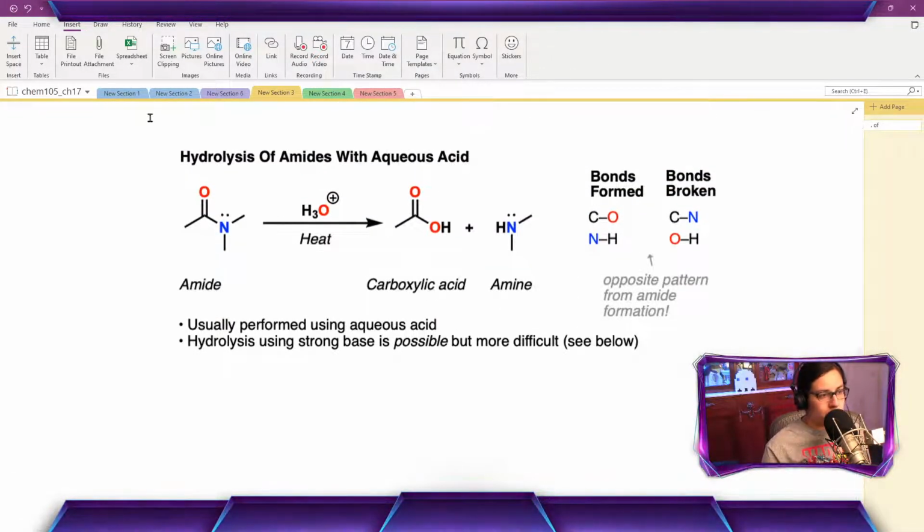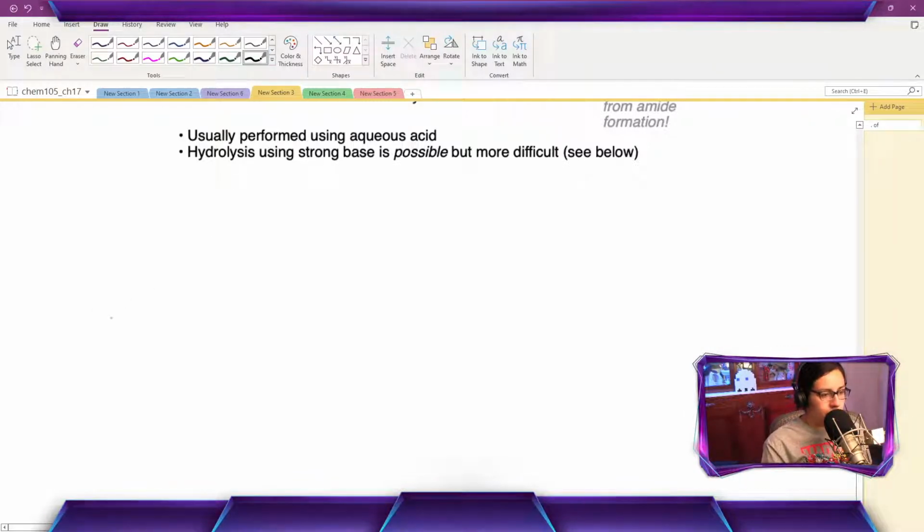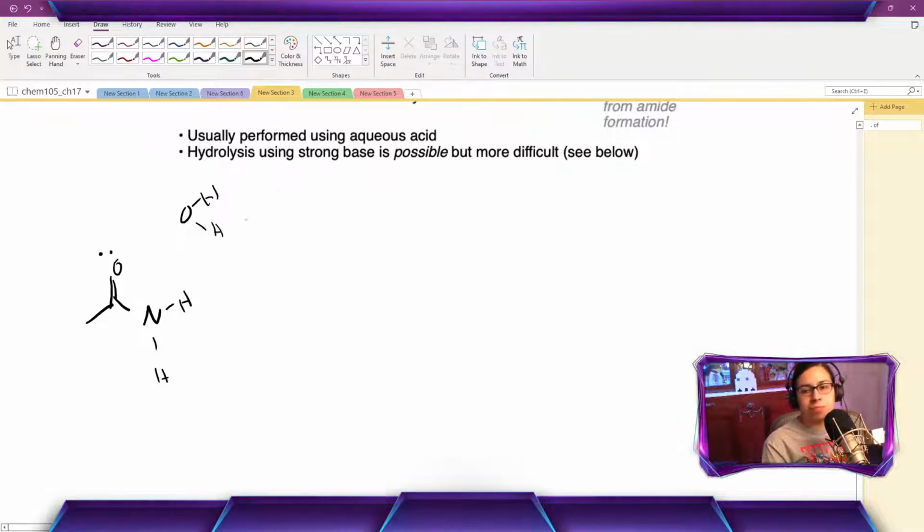And so I'll just start with our amide. Again, just a simple amide. And we're in acid. I just want to emphasize this, that H plus doesn't exist.